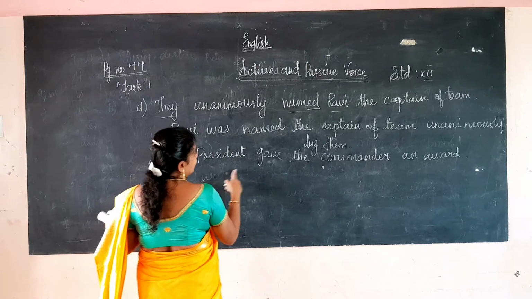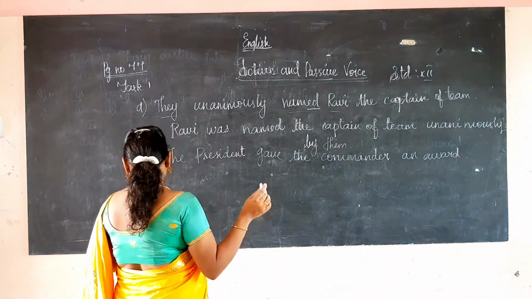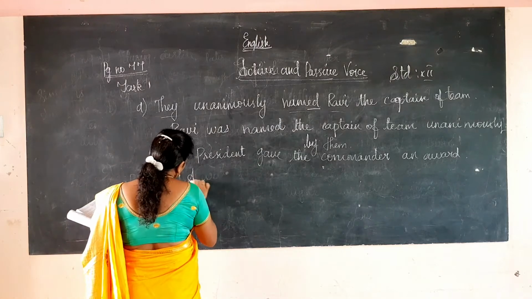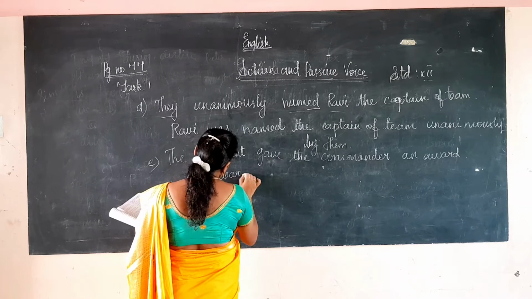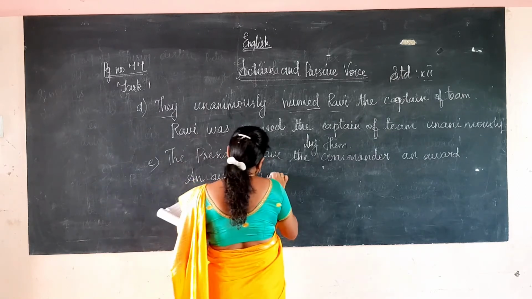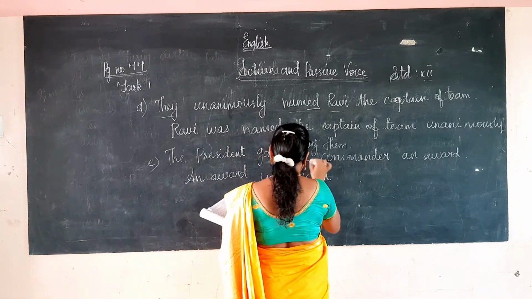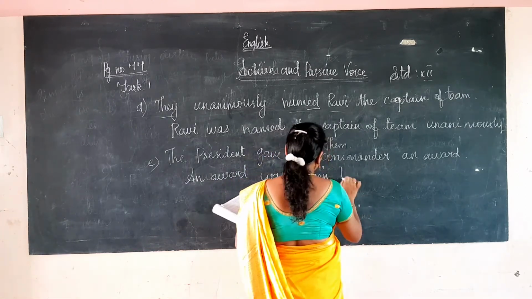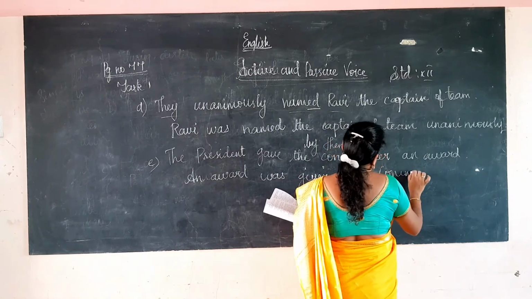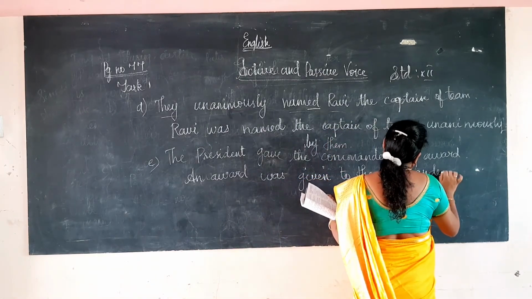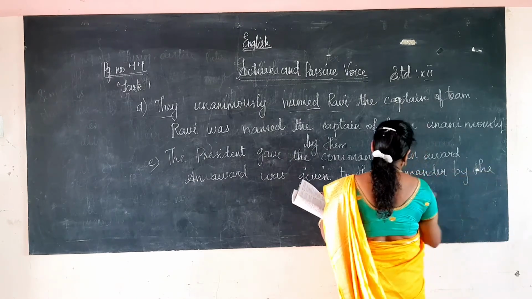The president gave the commander an award. So, we can write an award. Award is singular. Gave is a past form. So, an award was, gave will change into give, gave, given. The award was given to the commander by the president, by the president.